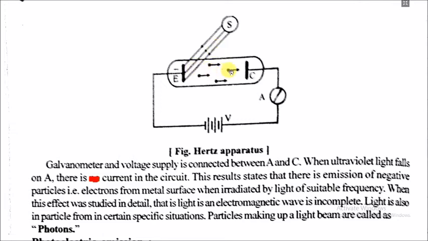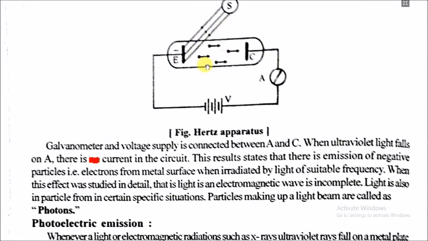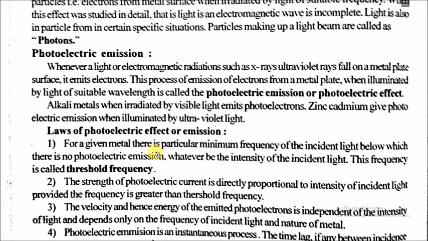But for this there is a condition that the frequency of light must be greater than the threshold frequency, because according to the first law, if the frequency is less than the threshold frequency, then there is no photoelectric effect and no photoelectric current. So the second law says that the photoelectric current is directly proportional to the intensity, provided the frequency is greater than the threshold frequency.